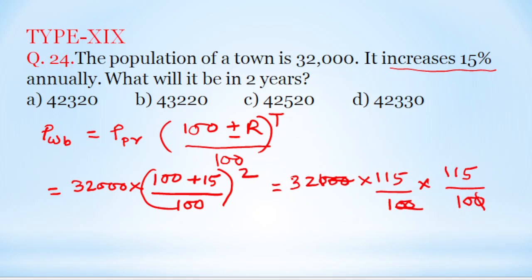Here again, when this 32 is divided by 2, it becomes 16, and when this 10 is divided by 2, it becomes 5. Again, when this 115 is divided by this 5, it becomes 23. That means 16 into 23 into 115. So it is coming as 42,320. That means option A is the right answer.